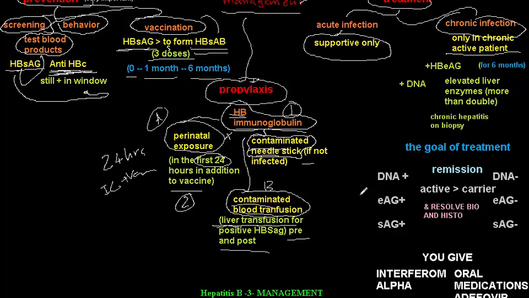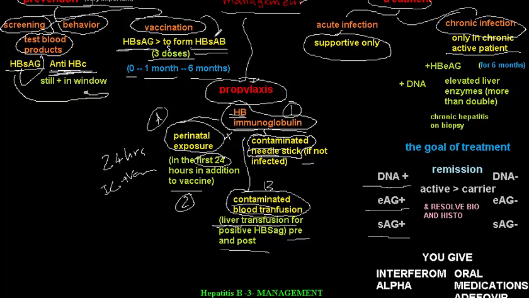The active disease is when we have DNA positive, envelope antigen positive, and surface antigen positive. So this is when we treat.